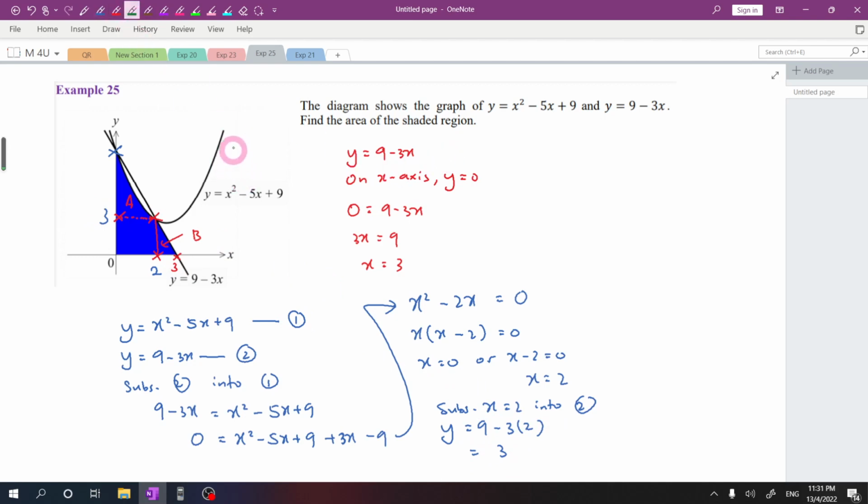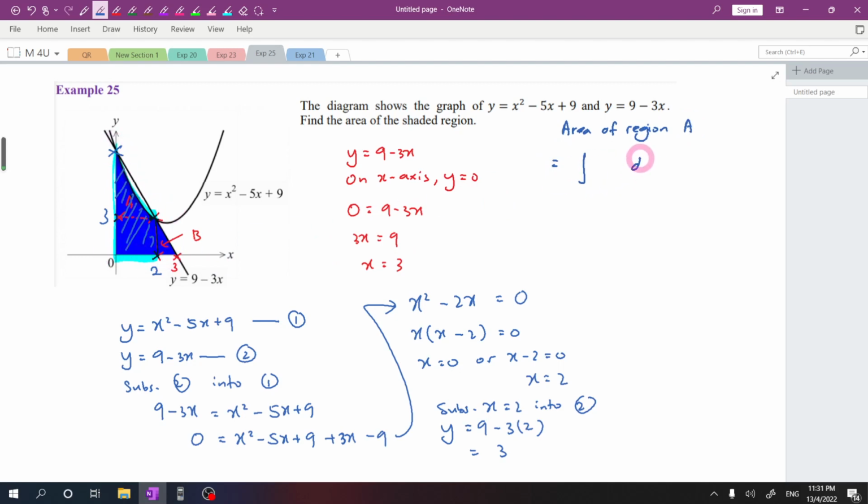Okay, so first let me find the area of this part. The area for region A. A curve and the x-axis, right?